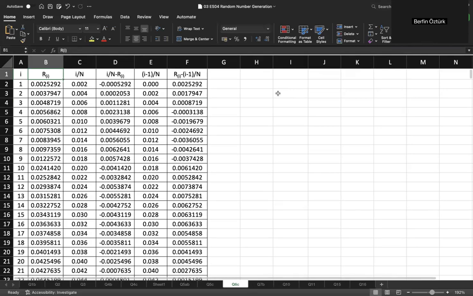Okay, so the Kolmogorov-Smirnov test compares the difference between the CDF of a standard uniform distribution F(x) and the empirical CDF S(x) of a random number sequence. I again suggest you watch the asynchronous theoretical lecture video about this.